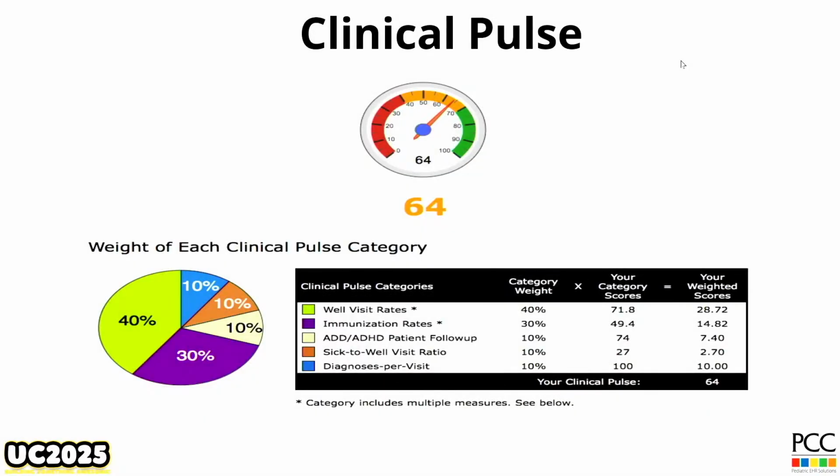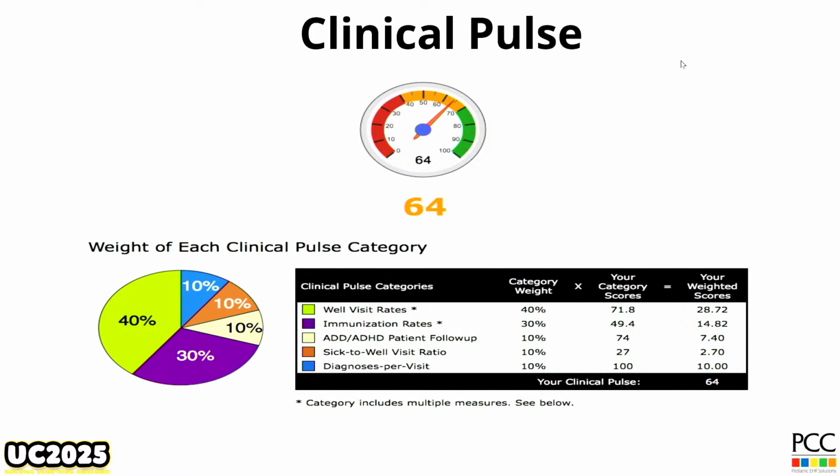All right, the dashboard. When you first log in, there's a clinical pulse. This is your overall clinical score for the practice based on the measures listed here: well visit rates, immunization rates, ADD patient follow-up, sick to well ratio, diagnoses per visit. You can see the category weight of each measure.